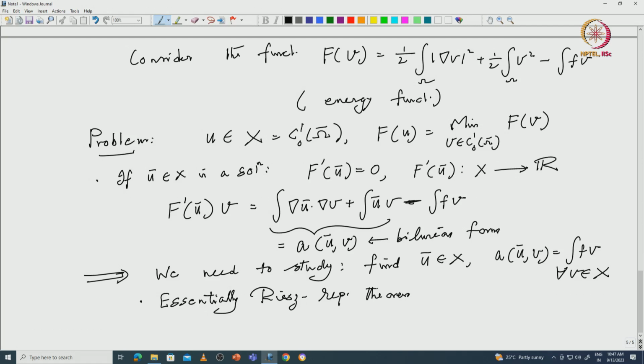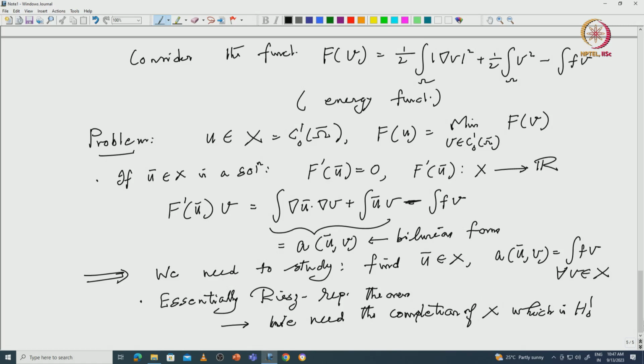But to apply the Riesz representation theorem you need the completion of X with respect to the grad norm or the H1 norm, the completion of X, which is H1 naught.